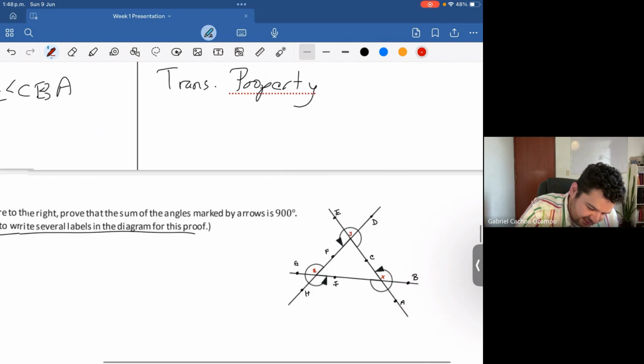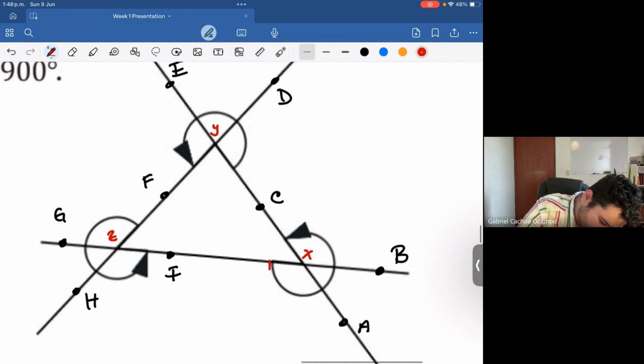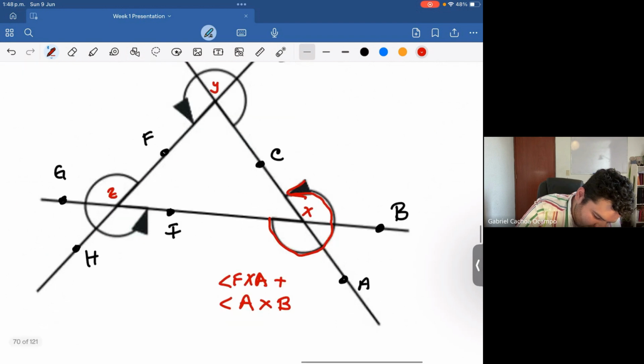Okay. So the angle marked by the arrows, for example, this angle, is angle FXA plus AXB plus BXC. Do you agree?